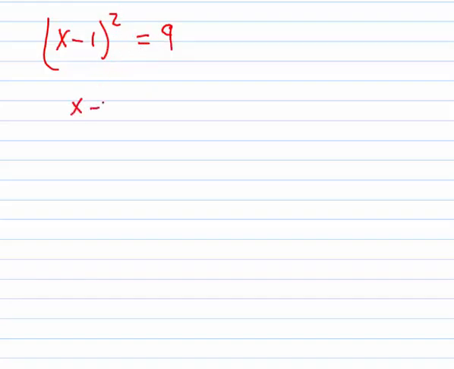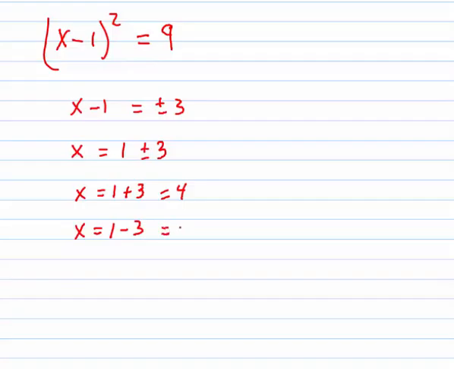And we get x minus 1 is equal to plus or minus 3. Now we add 1 to both sides, so x is equal to 1 plus or minus 3. So x is equal to 1 plus 3, which is 4, or x is equal to 1 minus 3, which is equal to minus 2. So here's our two solutions.